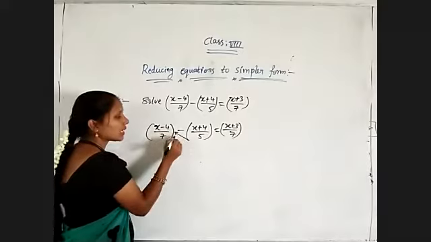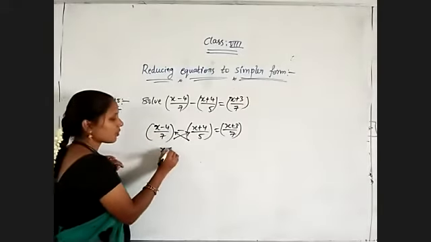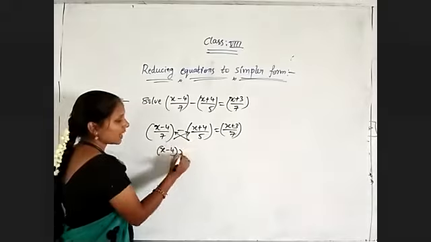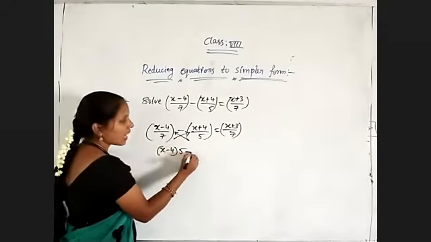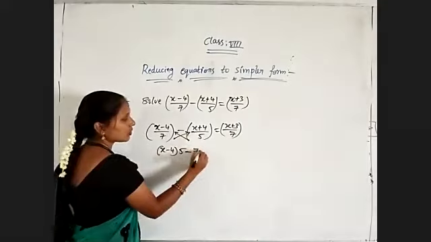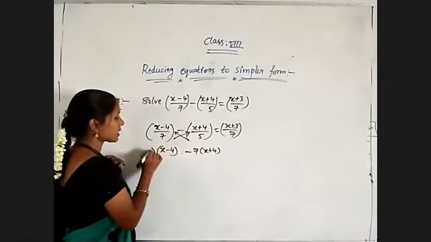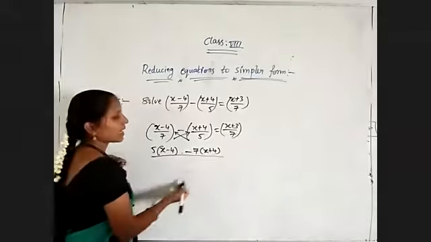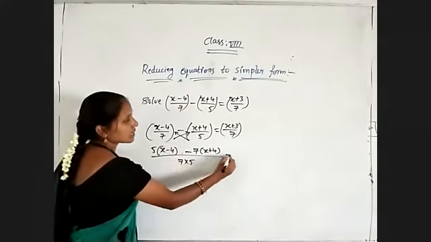Now go through the cross multiplication at the LHS: (x − 4) into 5, because the denominator of the second fraction is 5, minus 7 into (x + 4), all over 7 into 5, equal to (x + 3)/7.